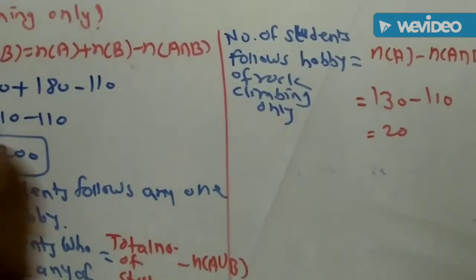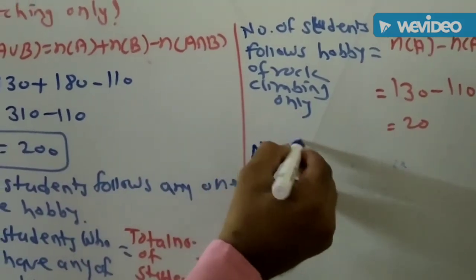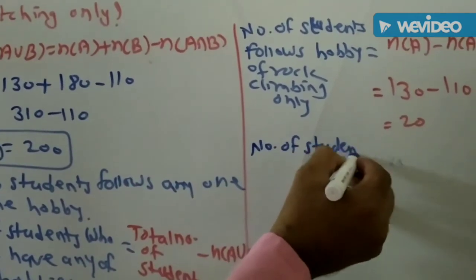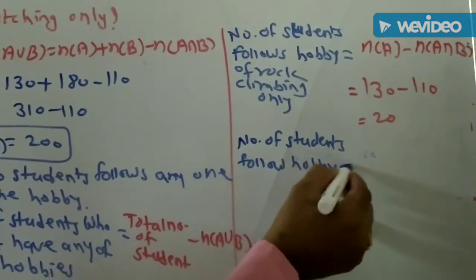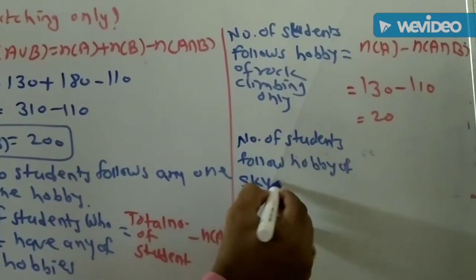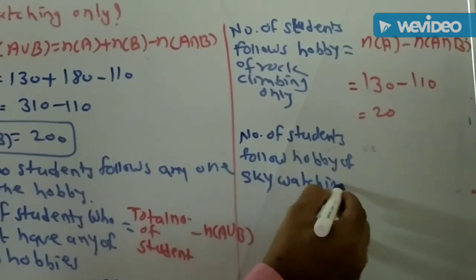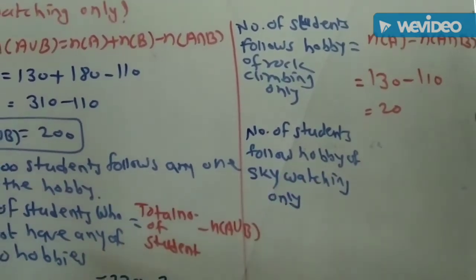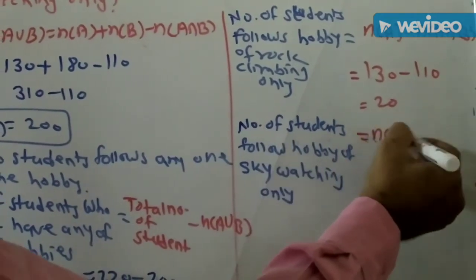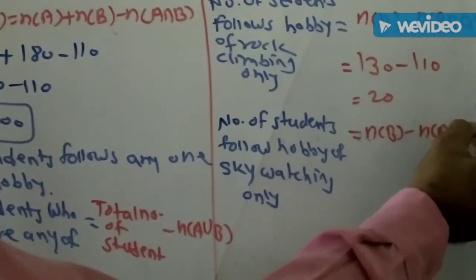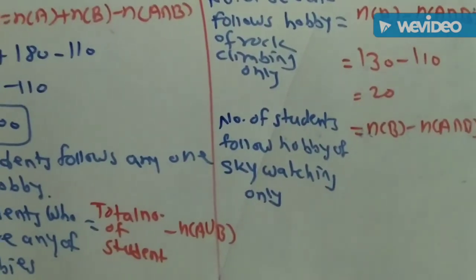Now the number of students who follow the hobby of sky watching only, that is number of B minus number of A intersection B. What is number of A intersection B?